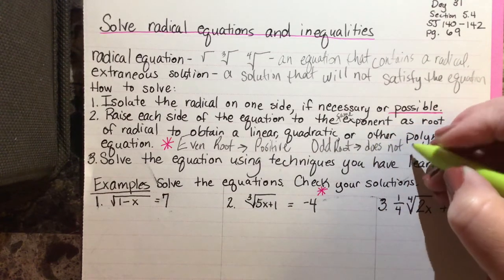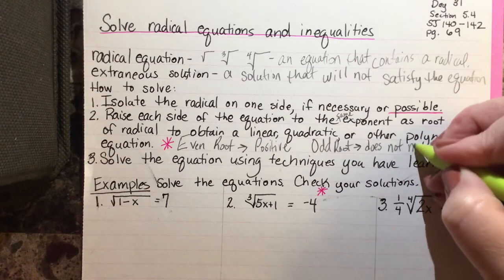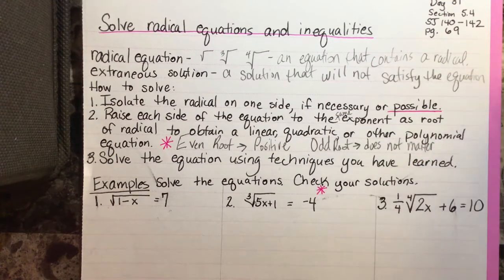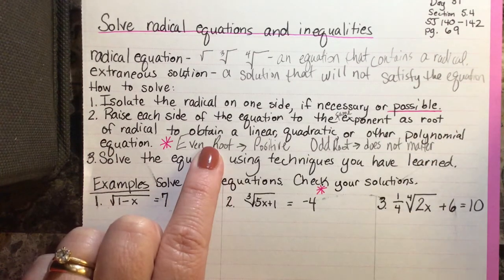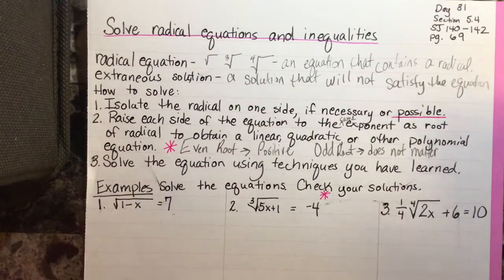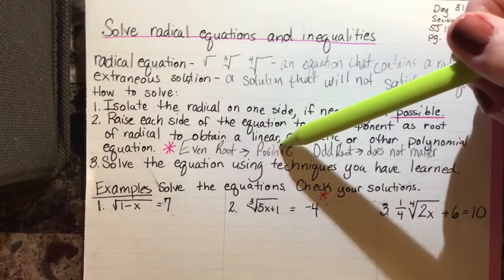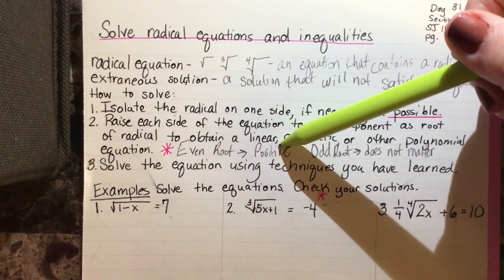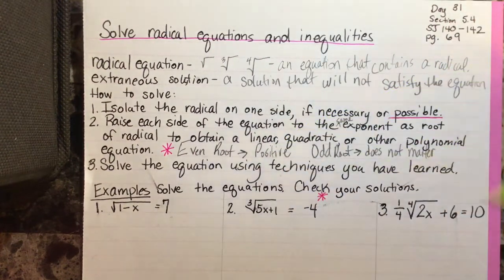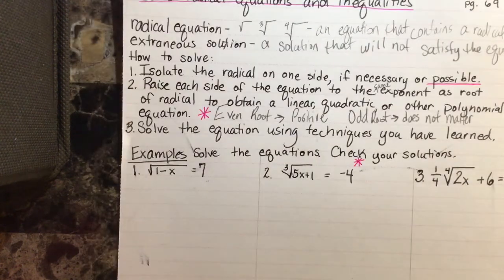But you cannot ever raise a negative number to an even power and get a negative answer. So if you have an even root and the number on the other side is not positive, then there's no solution to that problem. So let's go through and look at these examples that I have.